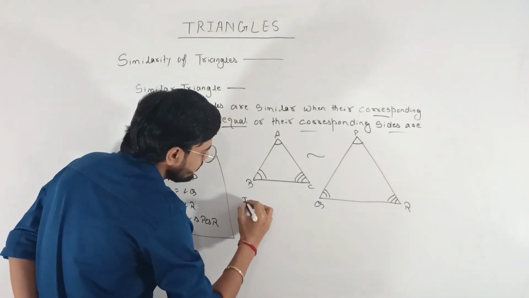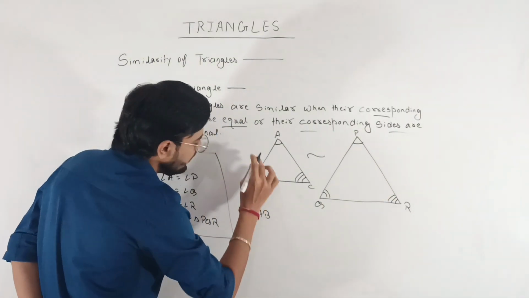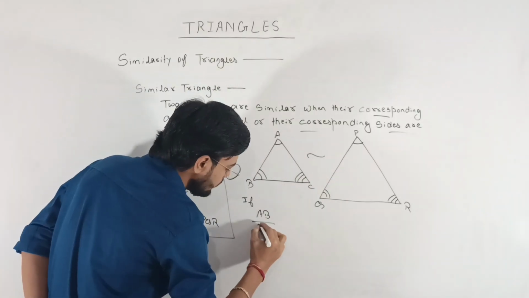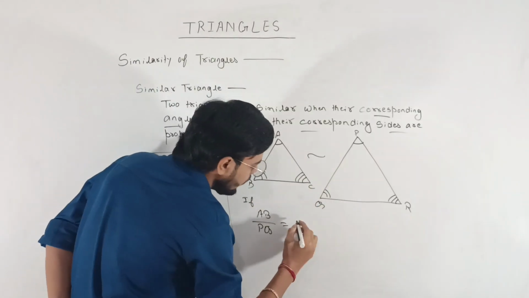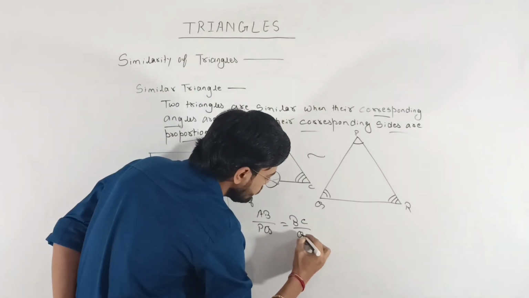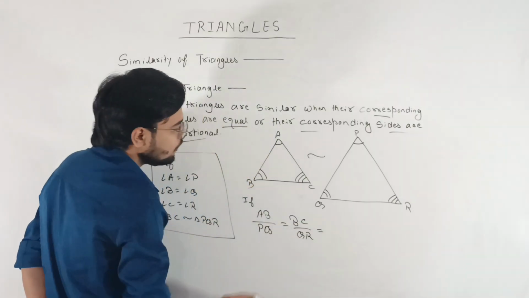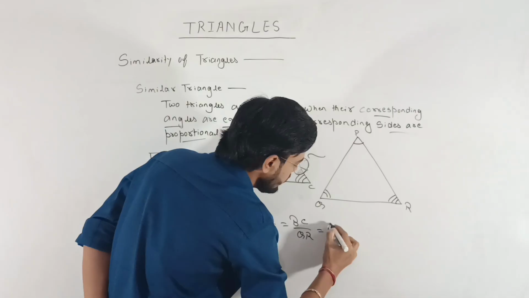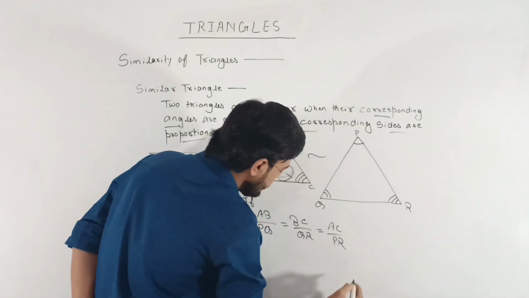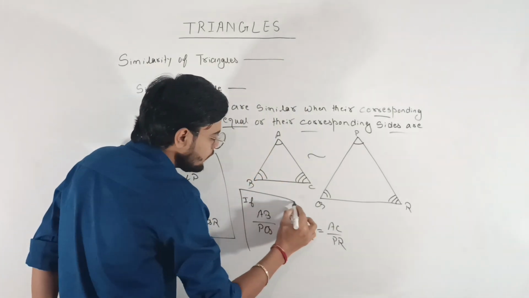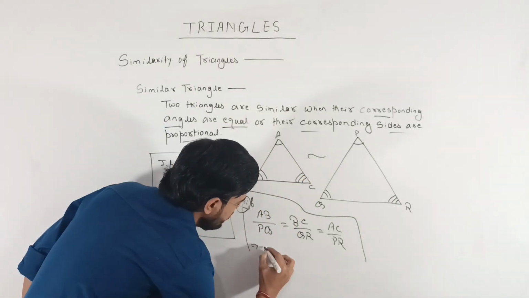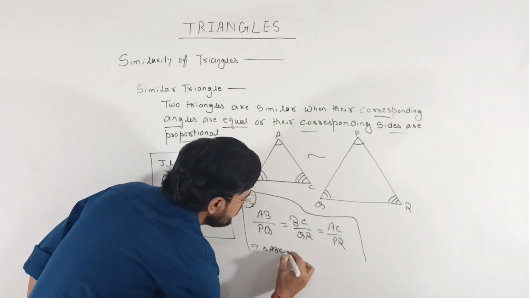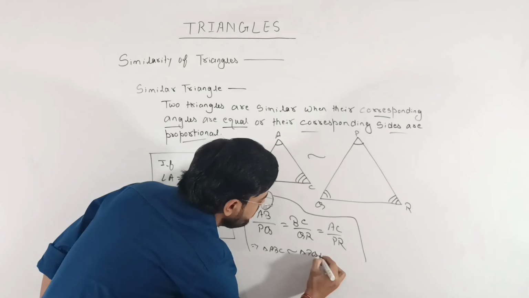Corresponding sides proportional means if AB upon PQ is equal to BC upon QR, BC upon QR is equal to AC upon PR, then again in this case triangle ABC is similar to triangle PQR.